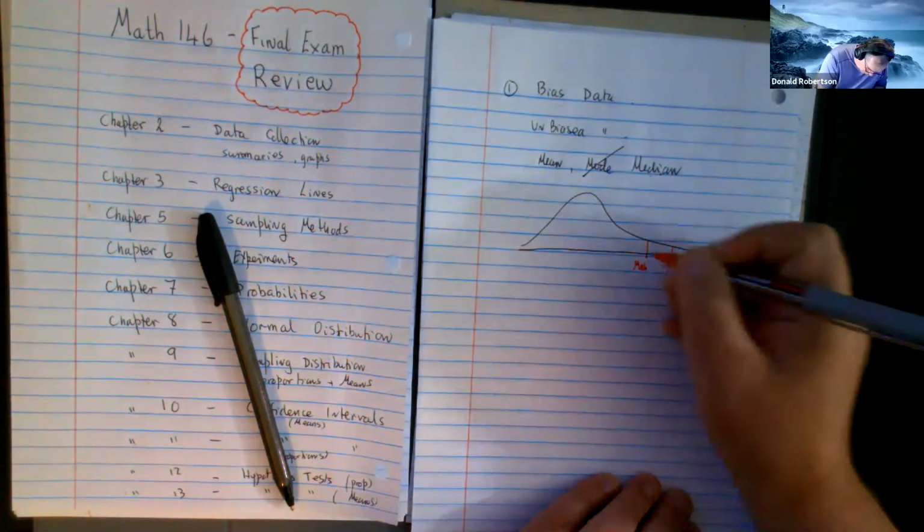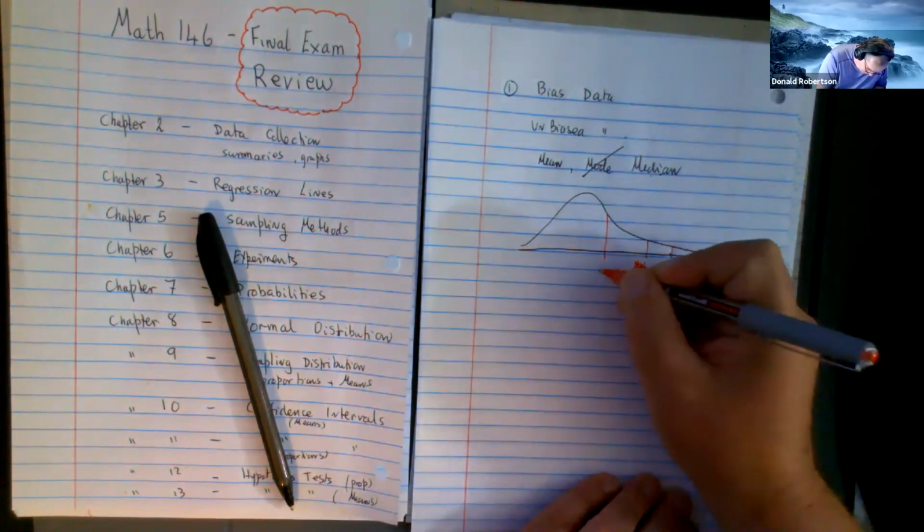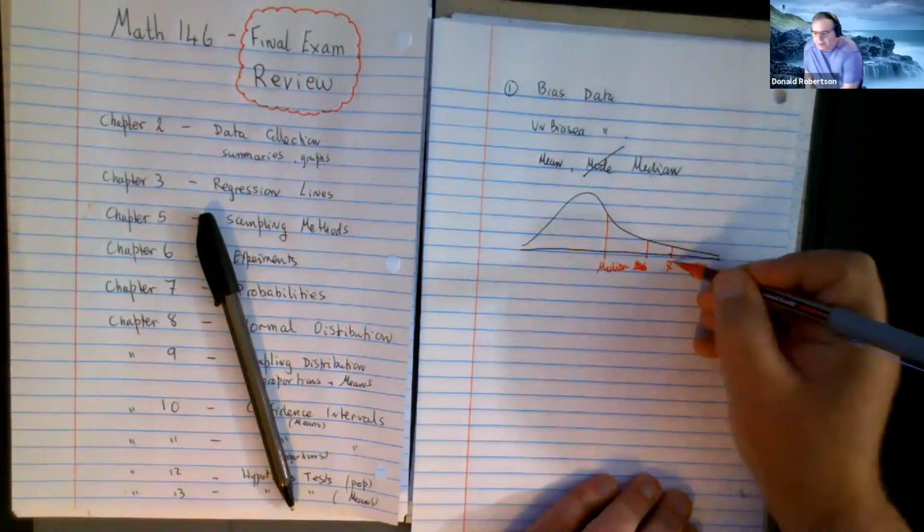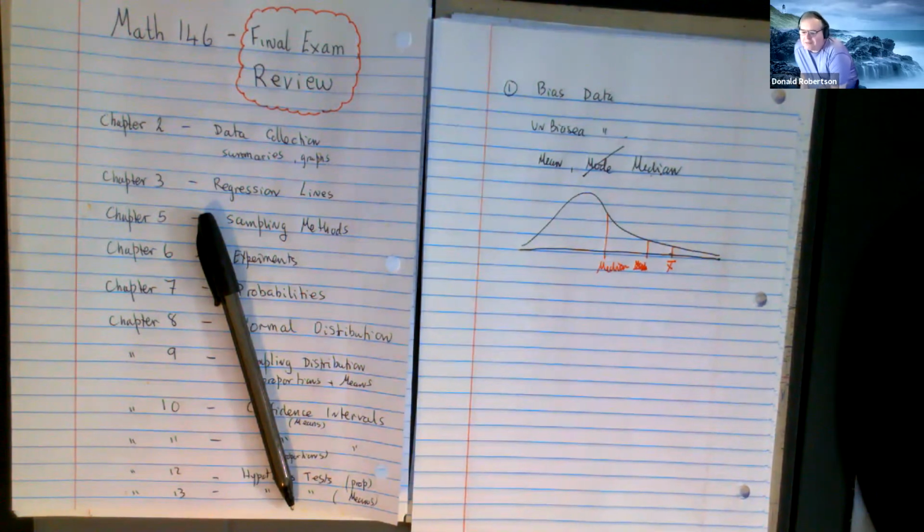Actually, the median would be more over here, probably. And the answer is the mean will be bigger. Why will the mean be bigger than the median if your data is skewed to the right then?